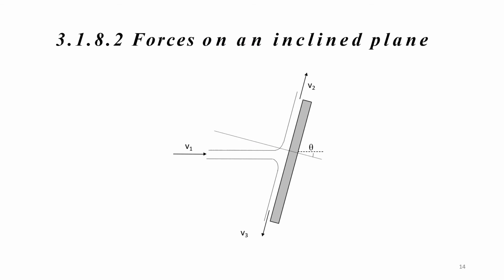Okay, then for the next subtopic, 3.1.8.2, forces for inclined plane. So the velocity, the water jet is from here. So this is how we calculate. Okay, this is the application of a wiper crater. The wiper crater is very sensitive to the angle.